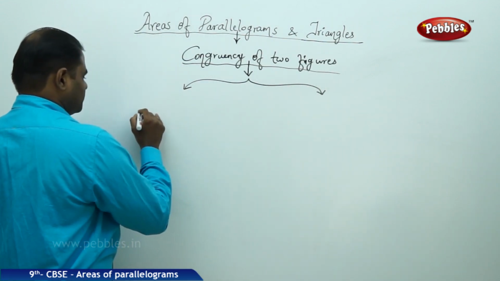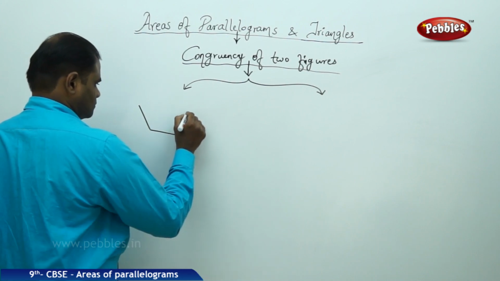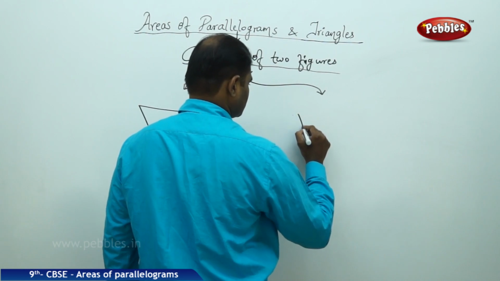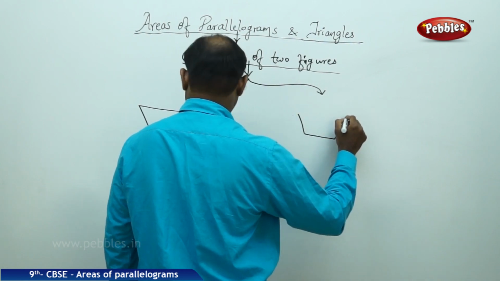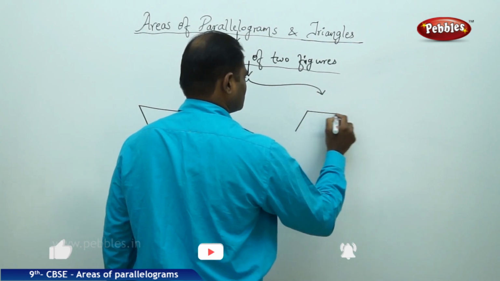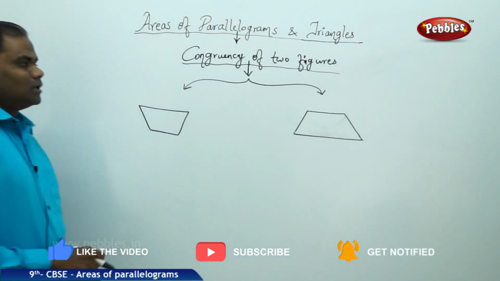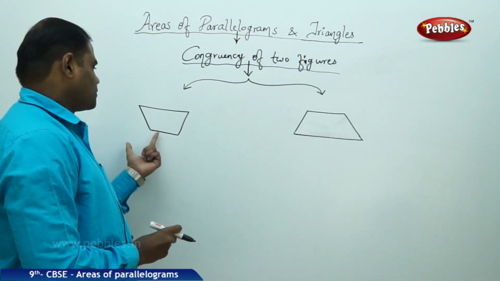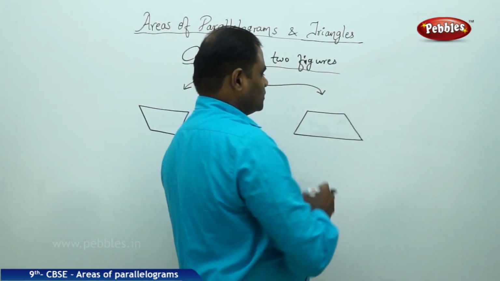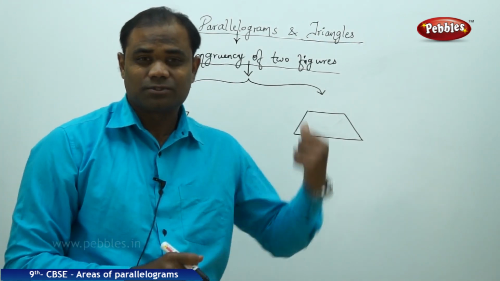Say I have a figure and this figure too. Now I have two figures out here, this being in this manner and this being in this manner. Now the question comes on defining congruency of these two figures.